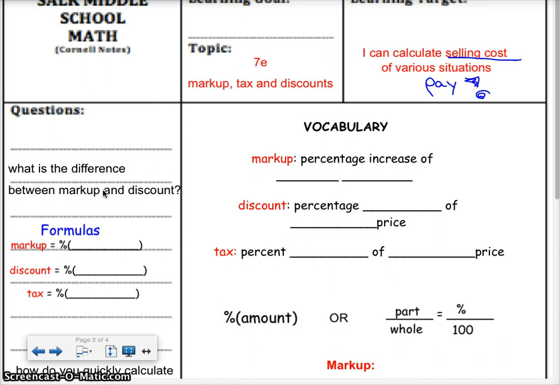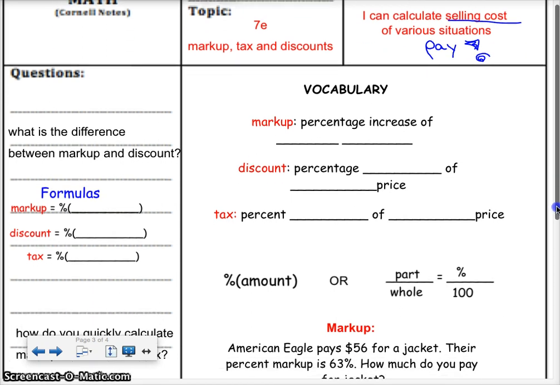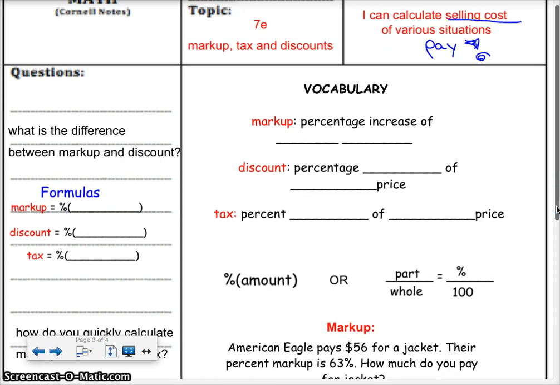First thing is markup. Markup is a percentage increase of the purchase price. It's really what we call profit. Every single business has to have some kind of markup, because if they don't, they're not making profit, and they can't buy more products, they can't pay their employees, they can't pay their bills.